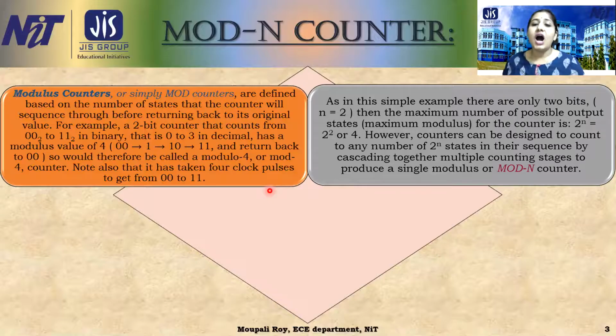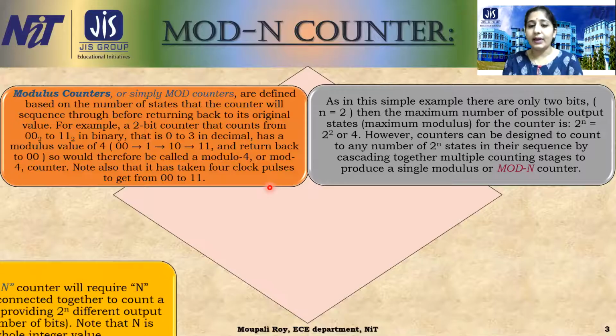However, counters can be designed to count to any number of 2 to the power n states in their sequence by cascading together multiple counting states of a single modulus or mod n counter. So whatever I said previously, how many numbers we are getting, that is the modulo n number.